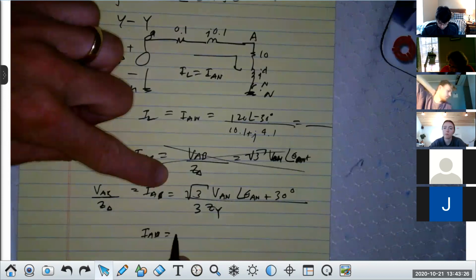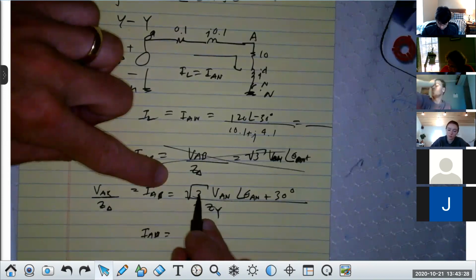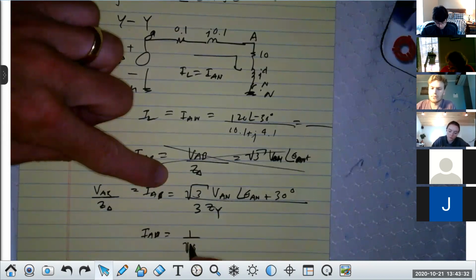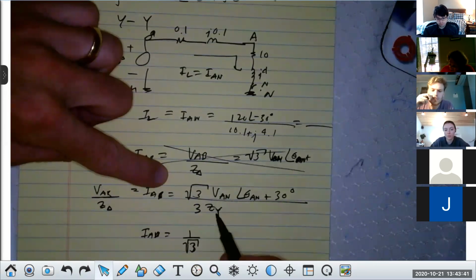Well, I can take the square root of 3 and 3 and make that 1 over the square root of 3. Do you all agree with that? I'm just reducing.